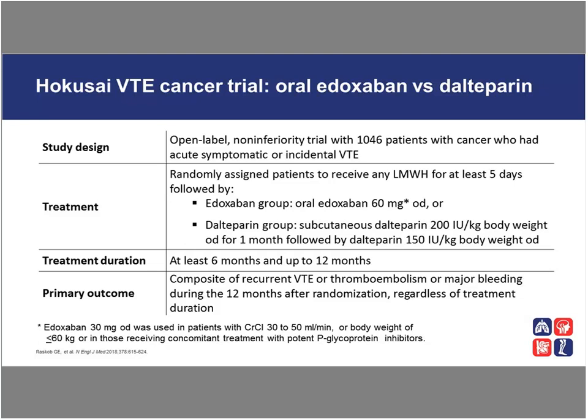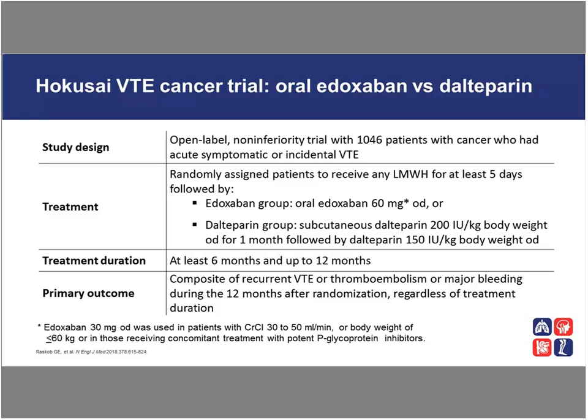And this was for at least 6 months and up to 12 months. So physicians enrolling patients into the study were encouraged to keep their patients for at least 6 months on therapy, and thereafter it was up to the physician discretion whether or not treatment continued up to a maximum of 12 months.